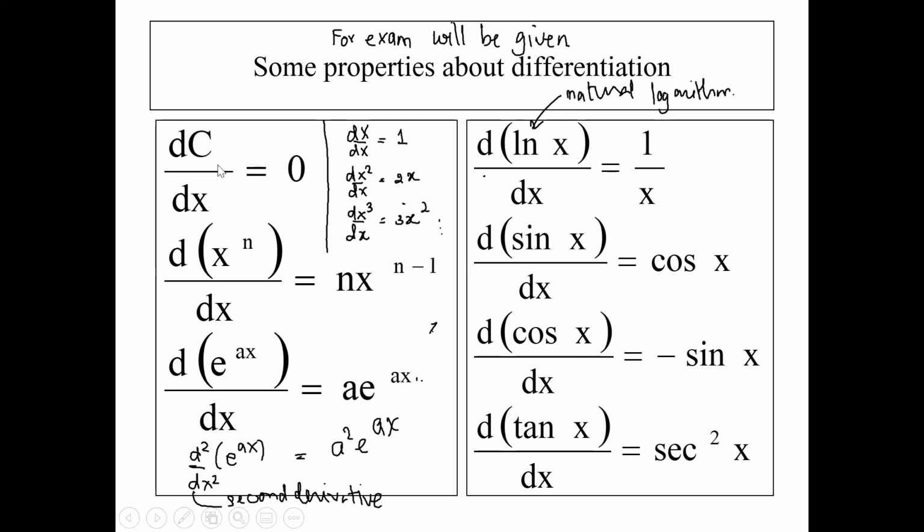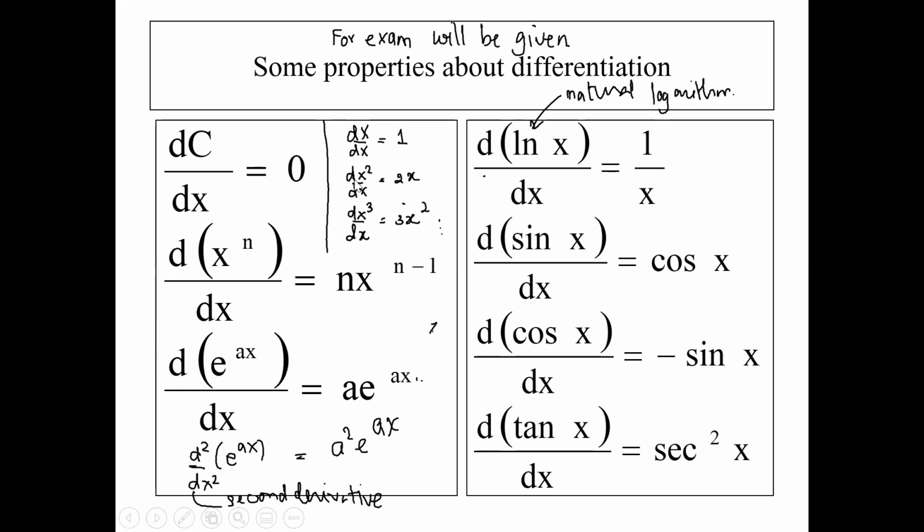Now, if y is a linear form, y equals x, we get dx by dx equal to 1, because the function of y is changing with the same ratio as x, which is always constant.